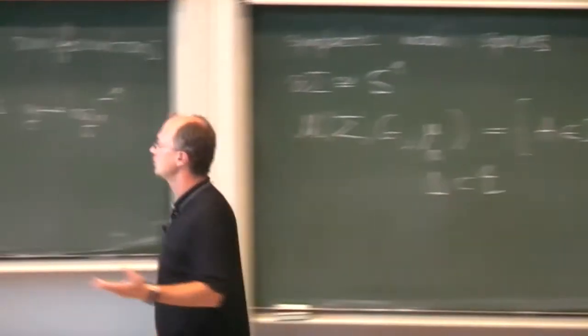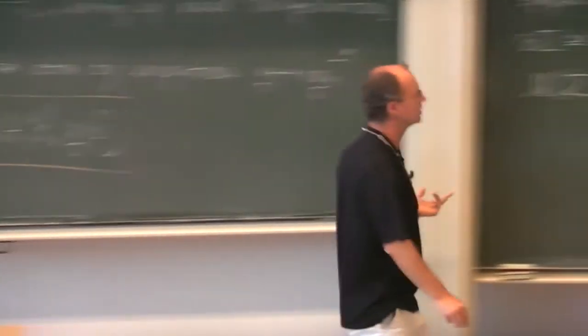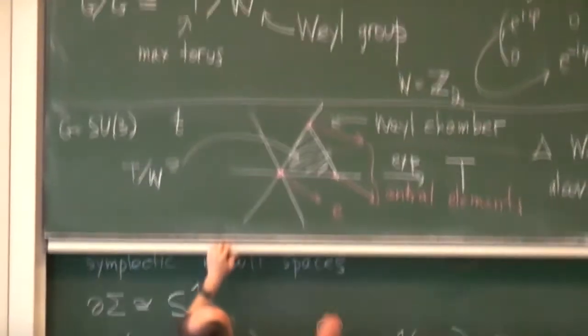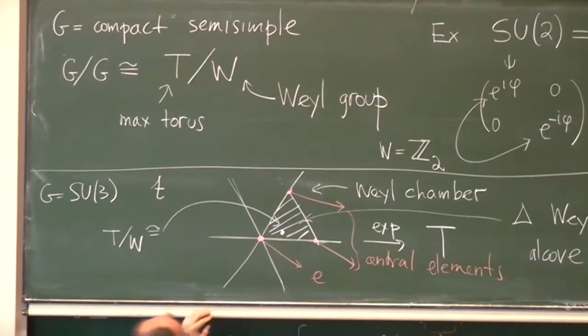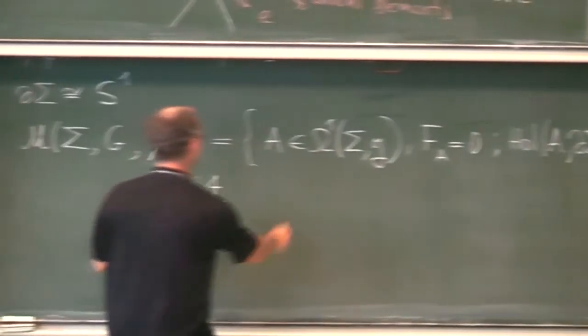We now look at it up to conjugation. So it's contained in the conjugacy class of this particular element. I take an element of T which is sitting somewhere inside this alcove, I map it to the torus, and then I can still allow for conjugations.